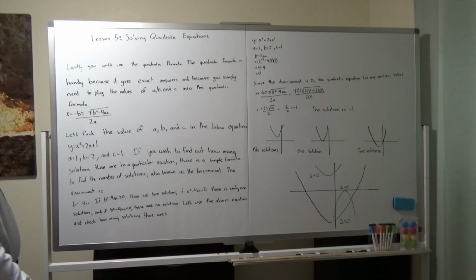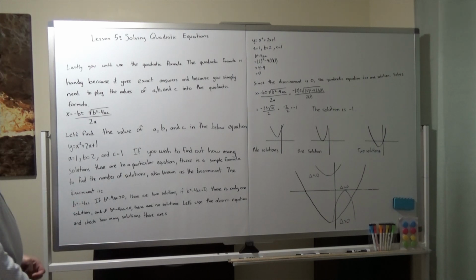If you wish to find out how many solutions there are to a particular equation, there is a simple formula, also known as the discriminant. The discriminant is b squared minus 4ac.